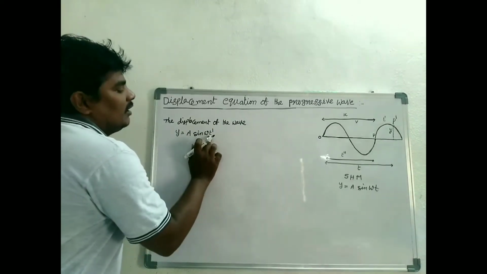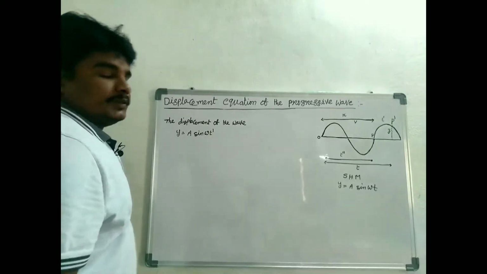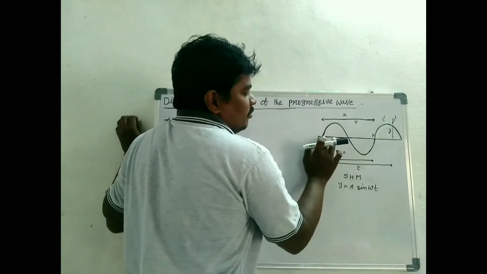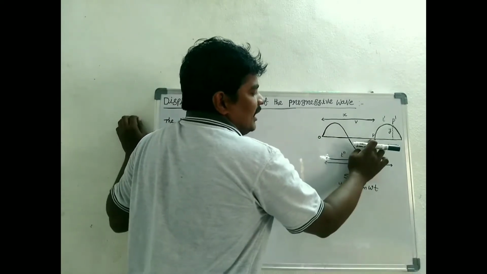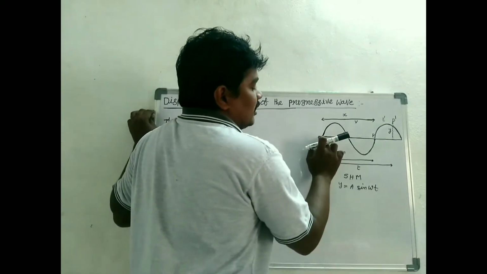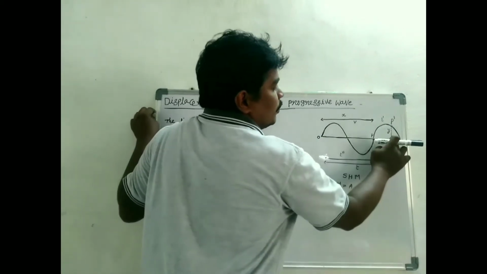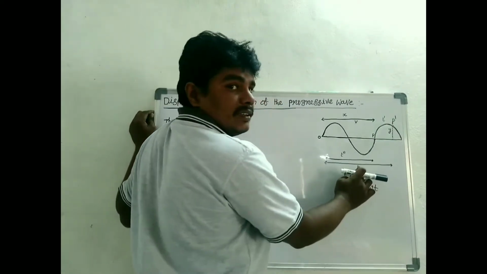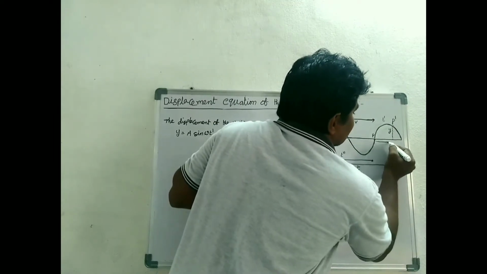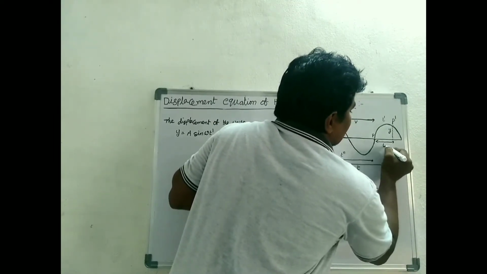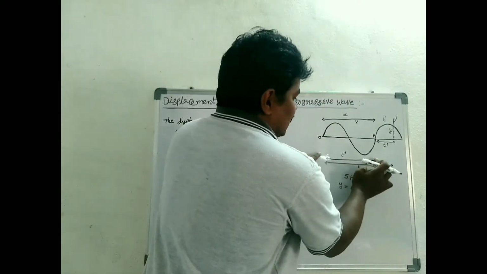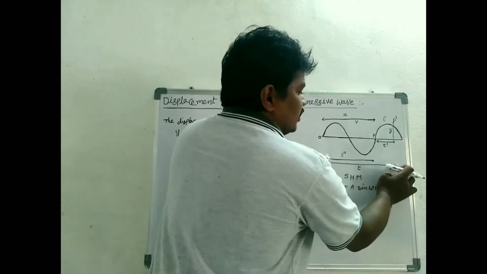Now we determine the value of t dash. Here the time taken by the wave to travel from O to P is t double dash, and the time taken to travel from O to P dash is t. Now we want only t dash. So to get t dash, we subtract this value from this value.